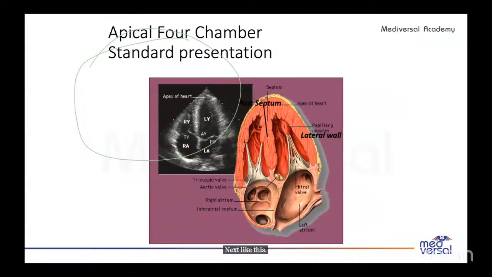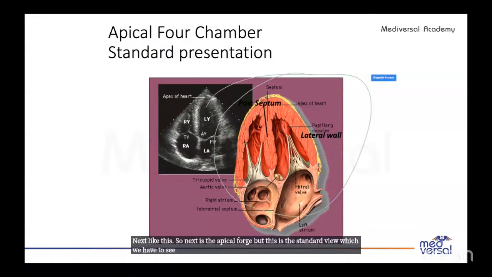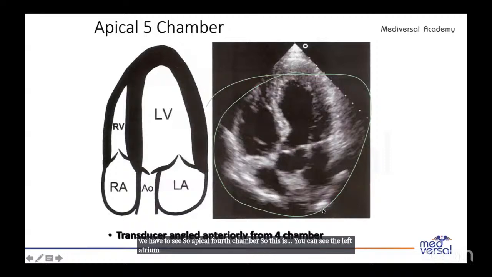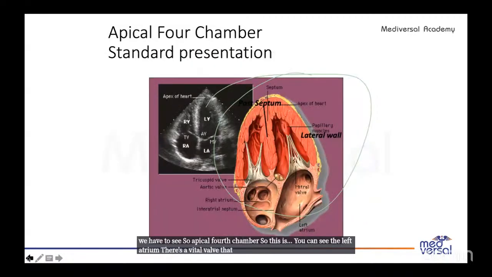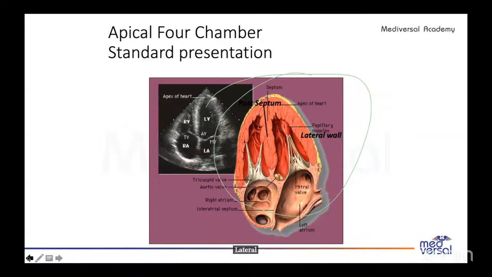So next is the apical four chamber. This is the standard view which we have to see. In the apical four chamber, you can see the left atrium, right? Then there's the mitral valve. Then there's the left ventricle with papillary muscles, the lateral wall, the interventricular septum, and the apex of the heart.